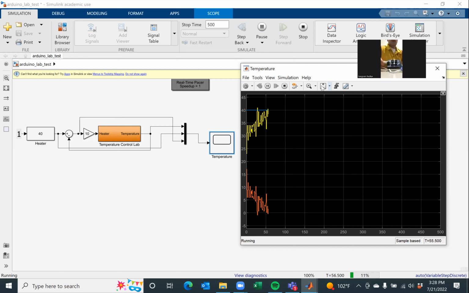So now the LED is hot. Don't touch, and it's pink, which means this heater is super hot. Now LED is turned off, turn on, turn off, turn on, just to maintain that set point.